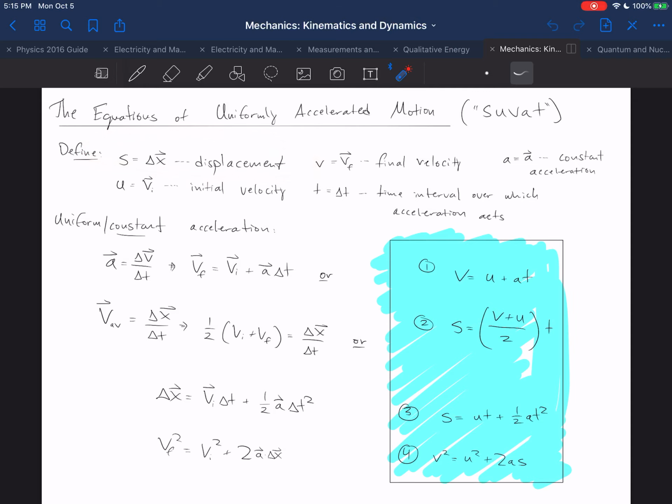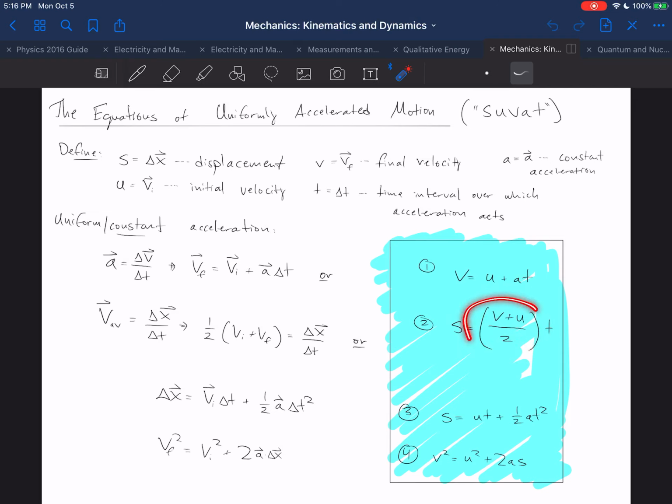Okay, so given the notation then, the 4 equations in SUVAT notation are as follows. The final velocity is equal to the initial velocity plus the acceleration times the time. Okay, we've actually already seen this one. The displacement is equal to the average velocity times the time.